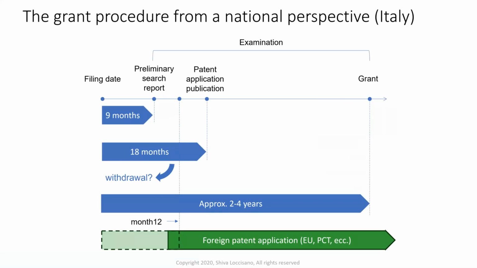And then we can see briefly how the patent filing procedure works. This is an example from the perspective of the procedure in front of the Italian office, the Italian Patent and Trademark Office. It all starts with the filing of a patent application, which is at the filing date, at the very beginning of this chart.